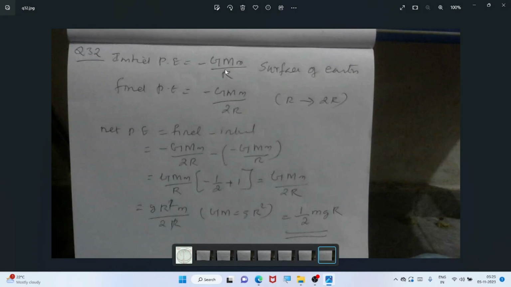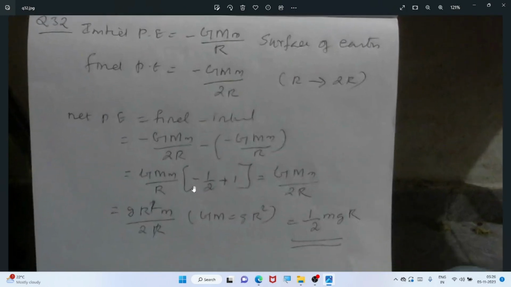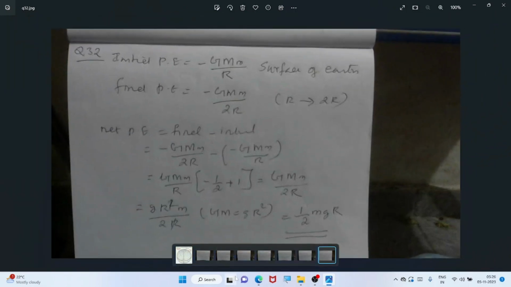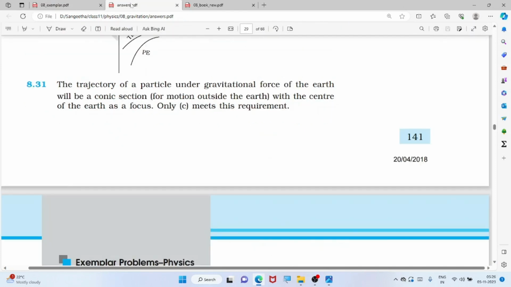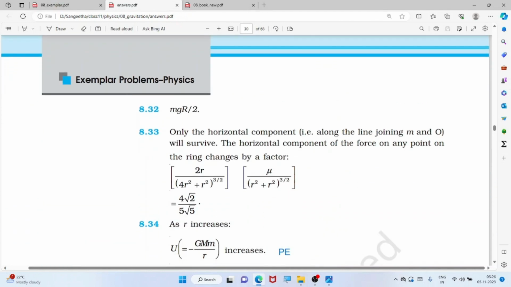The final potential is at 2r. Okay, the difference in the potential energy is this much. Now if you use the gravitational constant GM equal to gR squared, then it will become half mgR, that is mgR by 2.